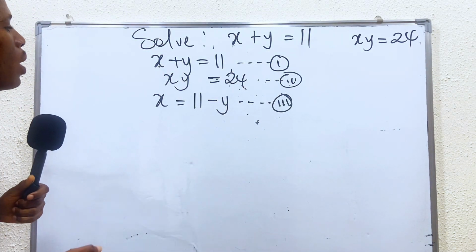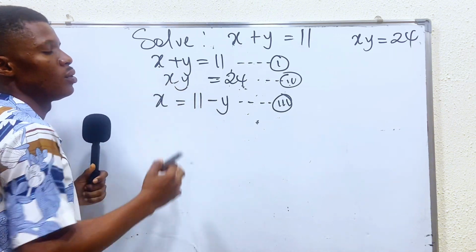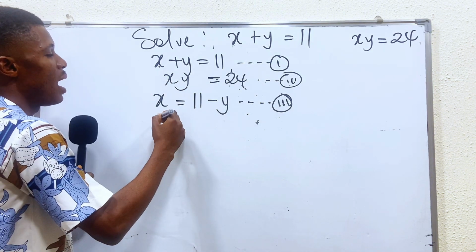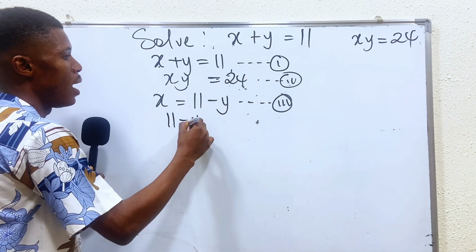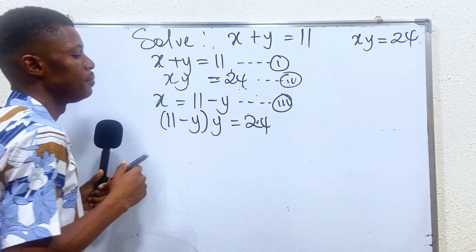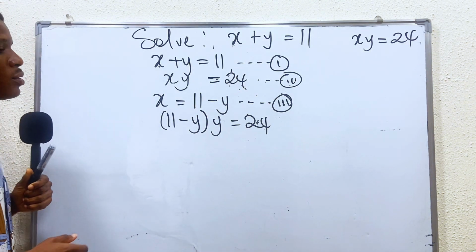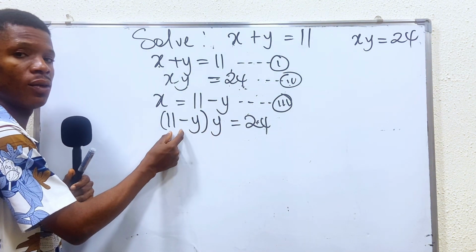Good. So we are going to substitute 11 minus y in equation 2 for x. So we have (11 minus y) times y is equal to 24. Then, for us to do this, we have to open the bracket by multiplying each term by y.